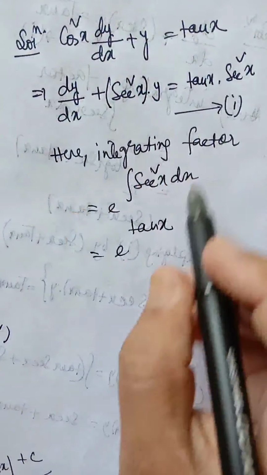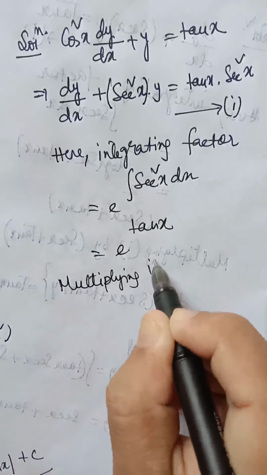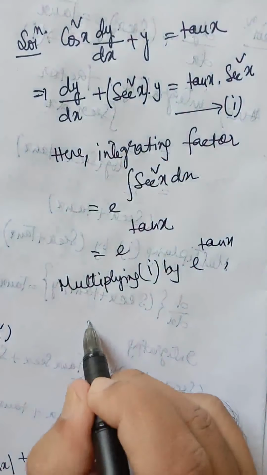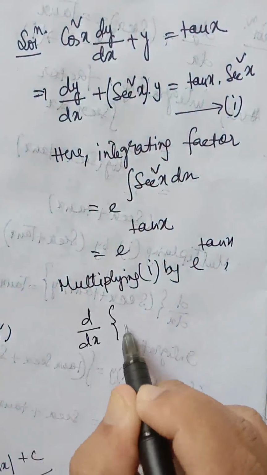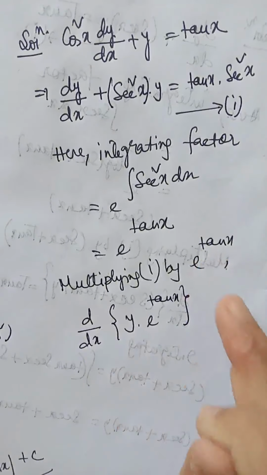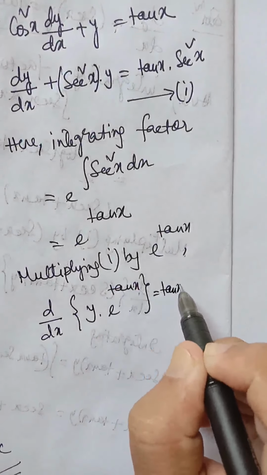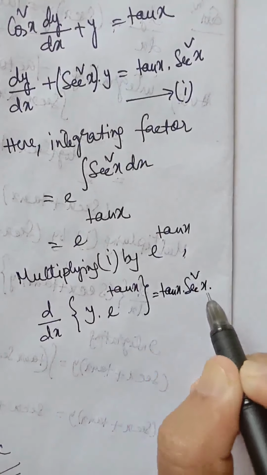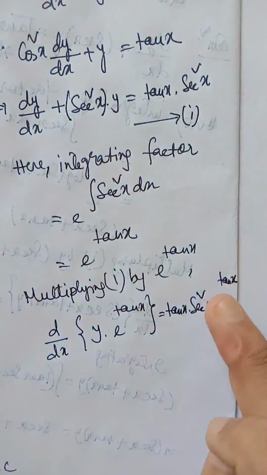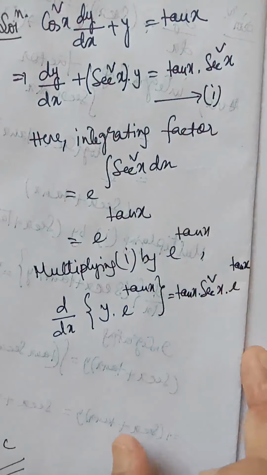Now if we multiply 1 by e to the power tan x, the left hand side will become d dx of y into e to the power tan x, that is y into integrating factor, and the right hand side will be tan x into sec square x into e to the power tan x, as this is our integrating factor.